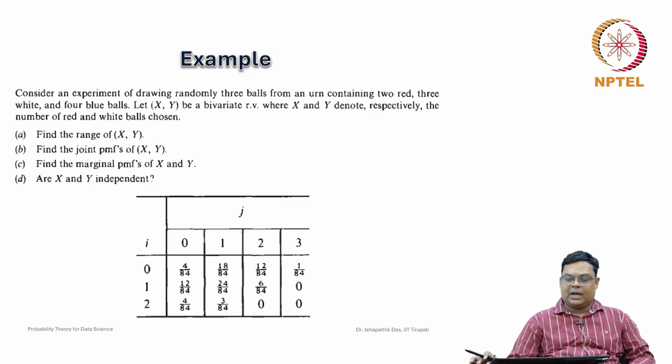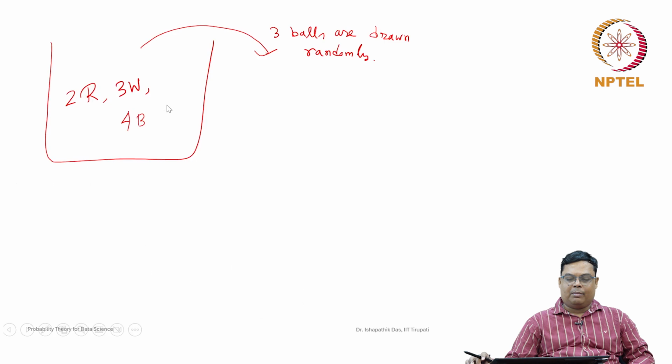Now, let (x, y) be a random variable where x and y denote respectively the number of red and the number of white balls chosen.